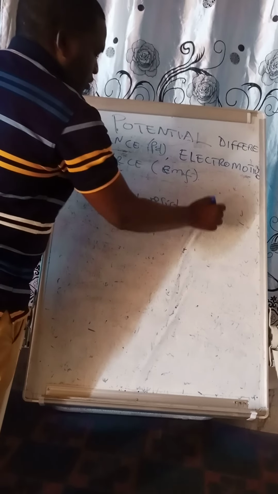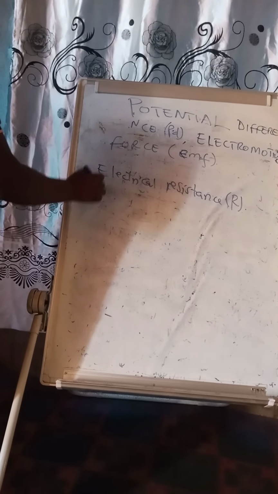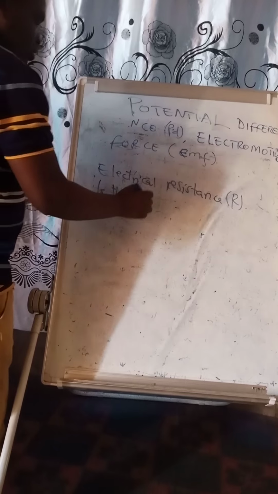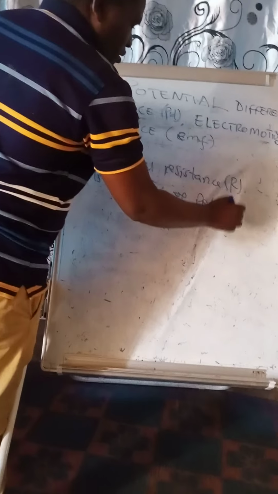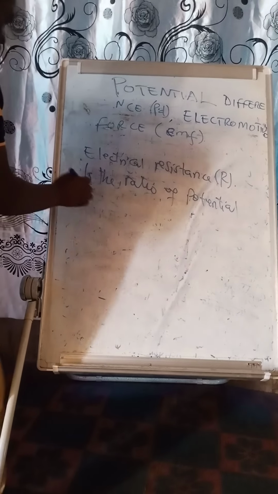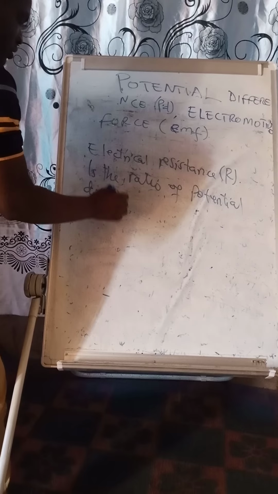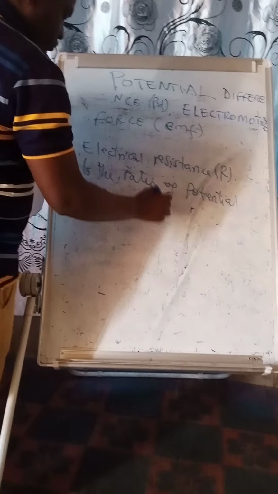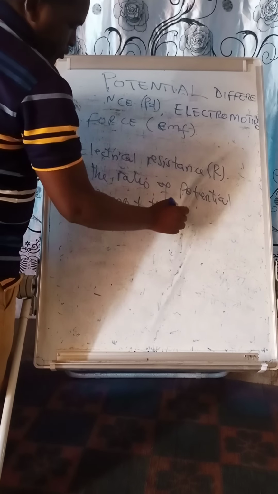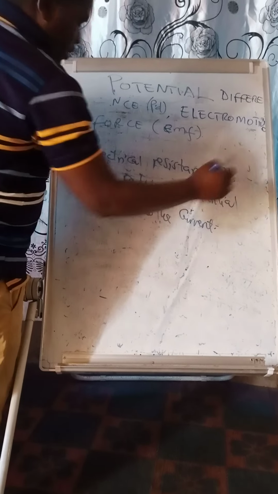The electrical resistance, which is R, is the ratio of potential difference to the current.